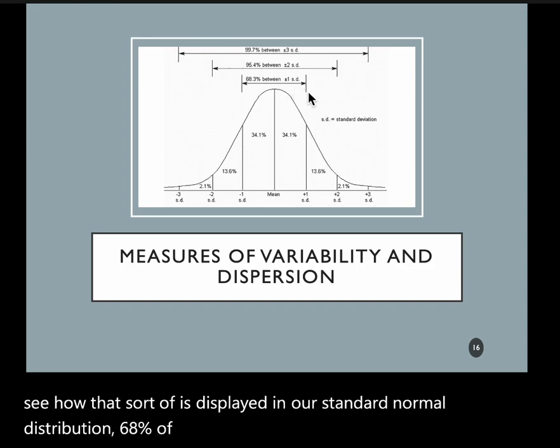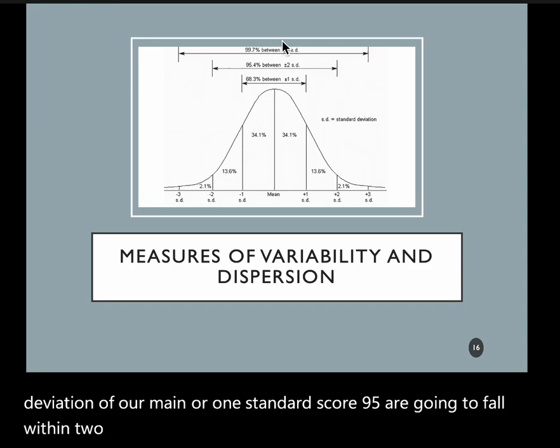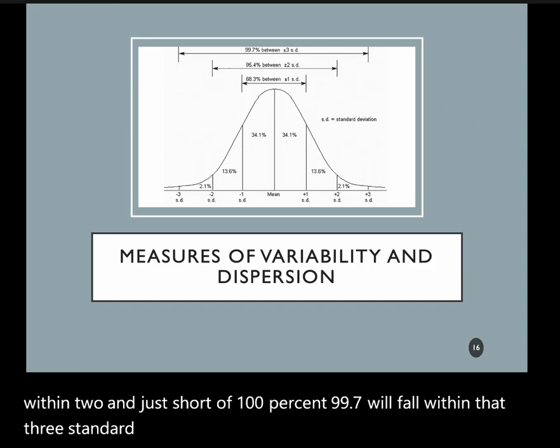68% of scores are going to fall within one standard deviation of our mean, or one standard score. 95% are going to fall within 2, and just short of 100%, 99.7%, will fall within that 3 standard score range.